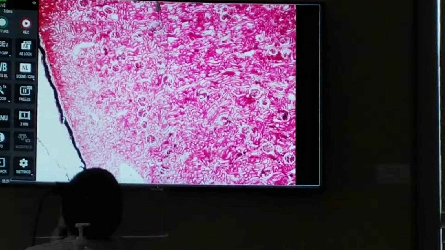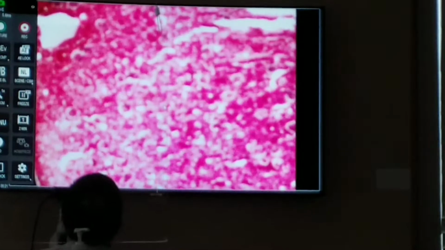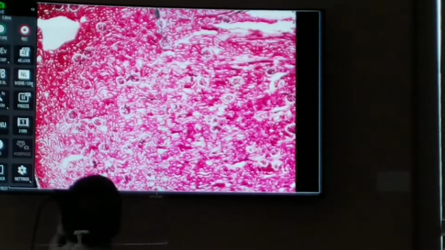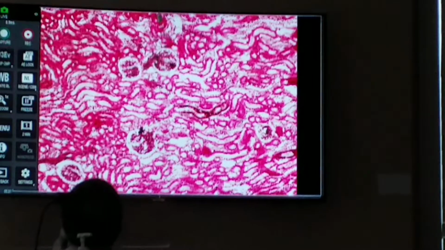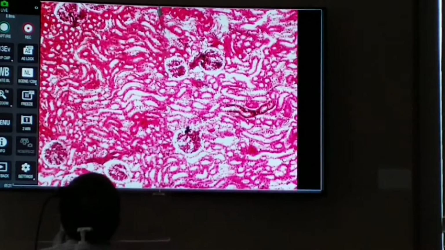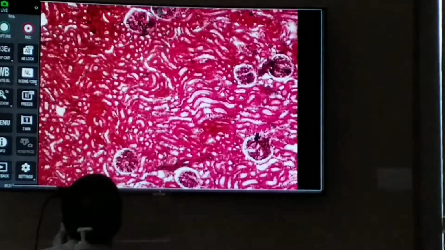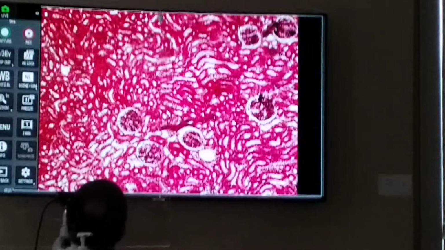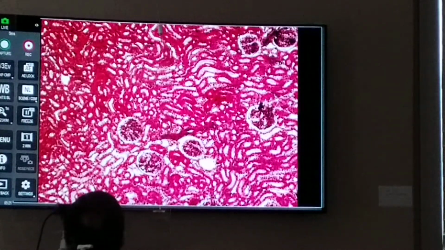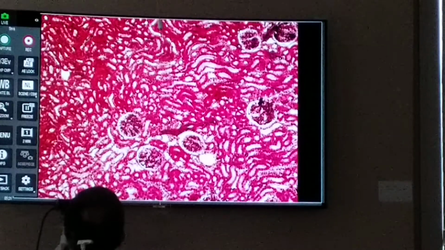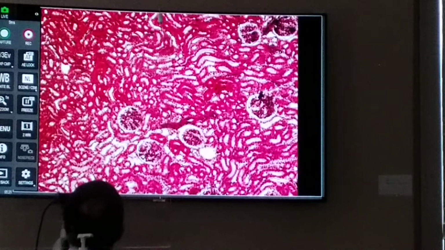So we see renal corpuscles here, so we know we're in the cortex. Let's go a little bit higher power. Someone mentioned Bowman's capsule. Bowman's capsule is this capsule here, with the lumen here surrounding the glomerulus.